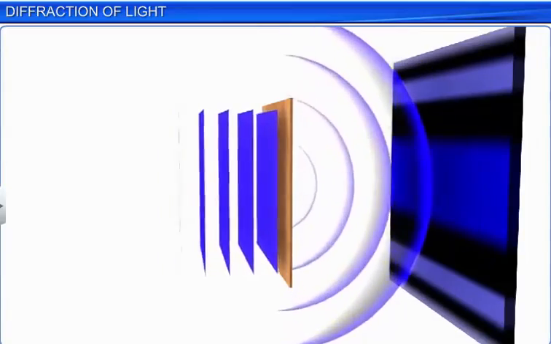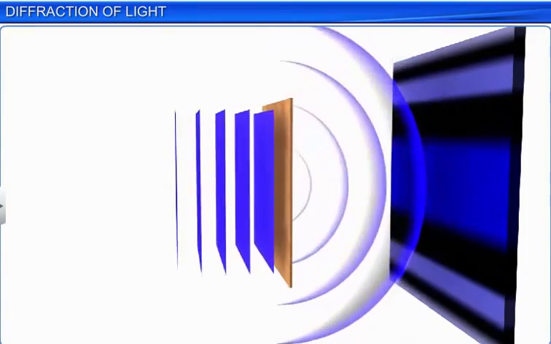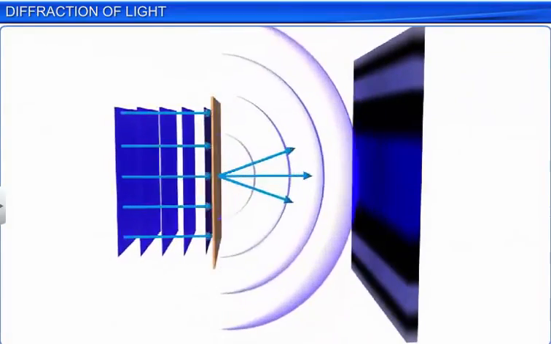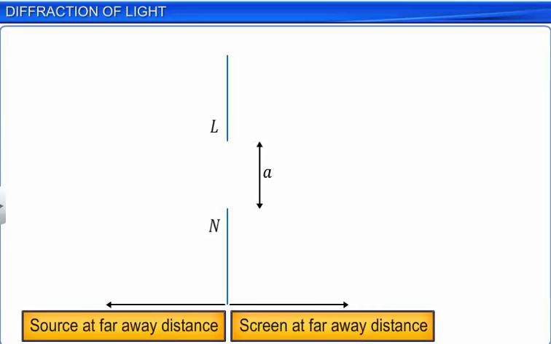Let us now analyze the diffraction pattern mathematically. We represent light as a beam of rays. Let the width of the slit, LN, be a. Let the source of monochromatic light and the screen be very far away from the slit.